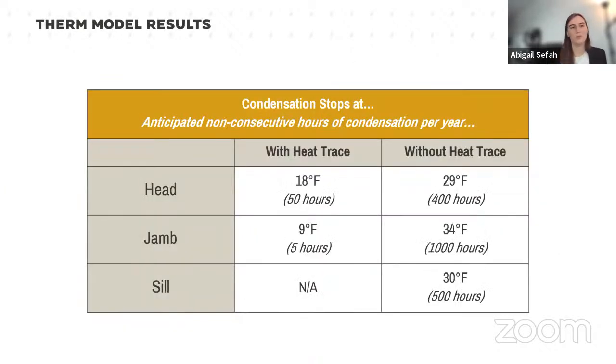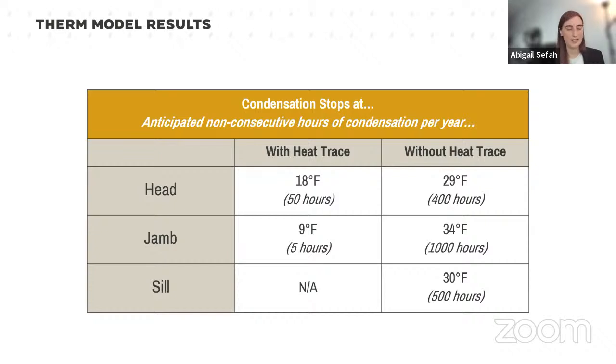From all of these models, we saw that condensation will still likely occur, but in different numbers of hours per year with and without heat trace. For example, when we have our new thermally broken door without heat trace here, if we look at just the head, we see that condensation formation is expected to start occurring when the exterior temperature drops below 29 degrees Fahrenheit.